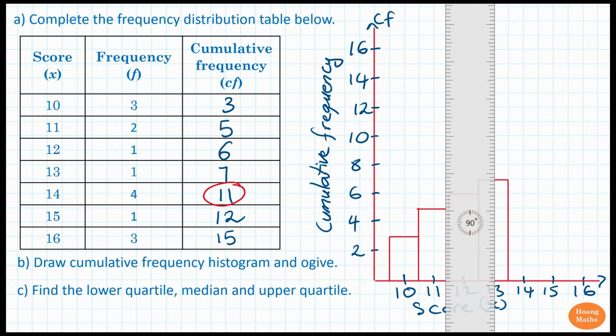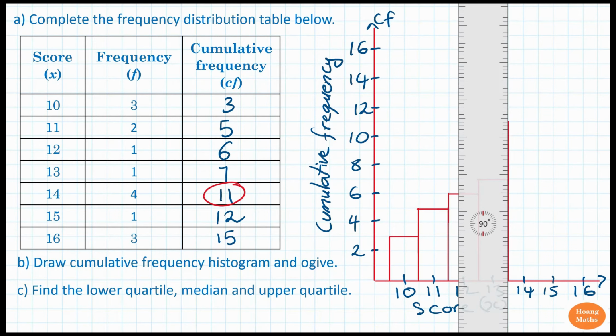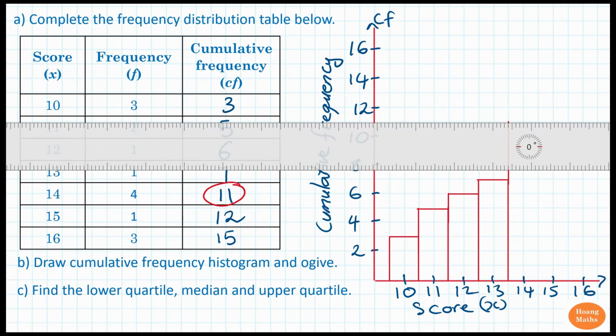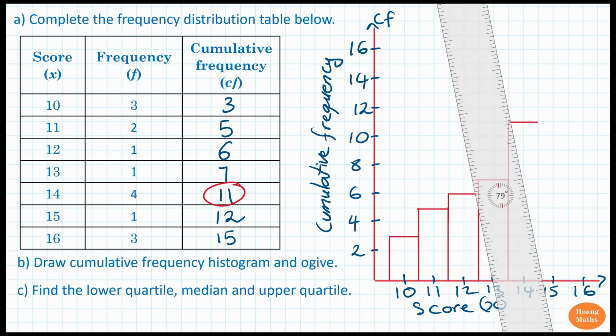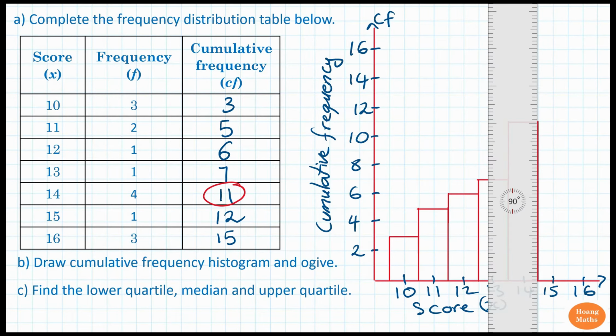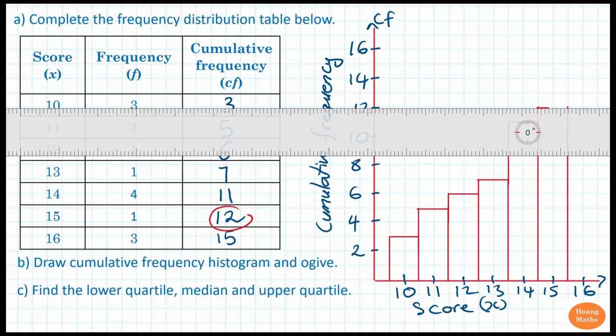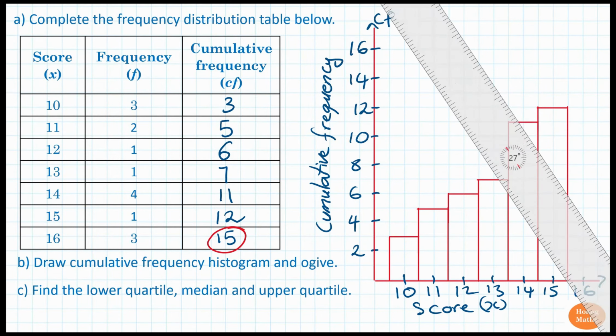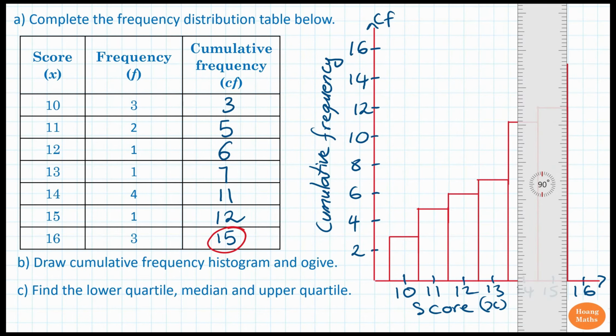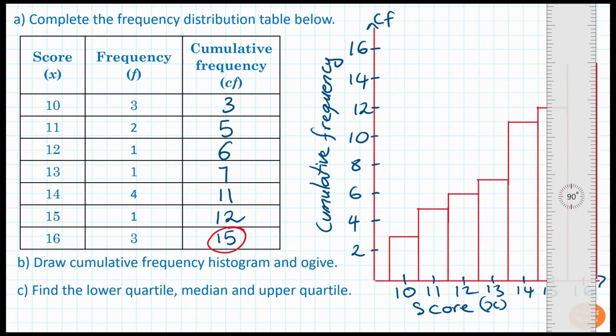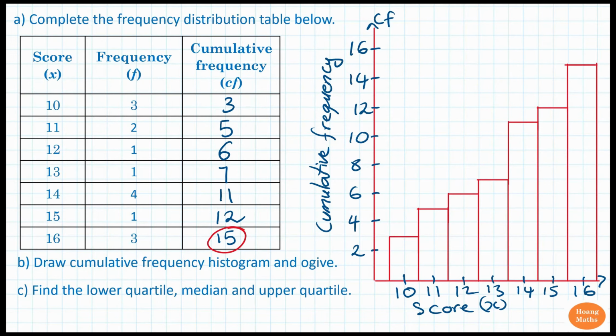And the next one is 11. And for 15 is 12. And the last one, which is 16, is 15. There you go. This is the cumulative frequency histogram.